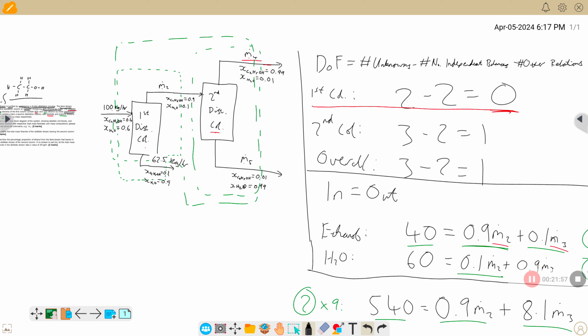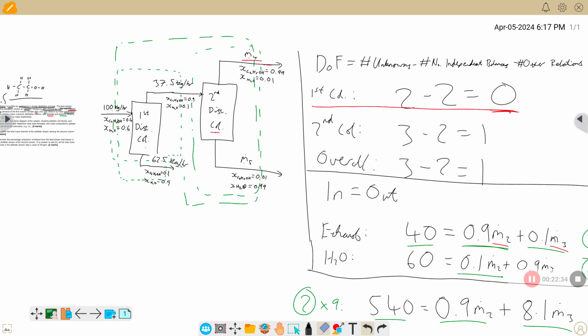and 62.5 kilos an hour is leaving this bottom stream here, then can you see how this M2, this distillate flow here, would be equal to 37.5, just because that's 100 minus 62.5. So I'm just going to go ahead and rub out M2 there. Oh, I need to get better with this, don't I? 37.5 kilograms per hour.